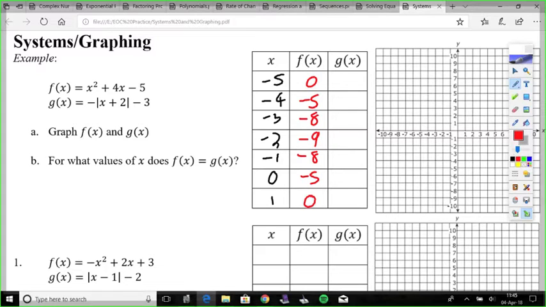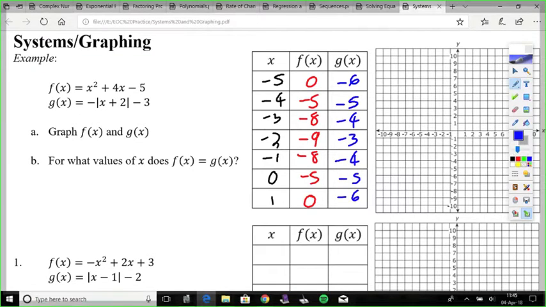All right, so there are the points, and then the absolute value one was negative 5, negative 6, negative 4, negative 5, negative 3, negative 4, negative 2, negative 3, and then negative 4, negative 5, negative 6. I just copied it down.